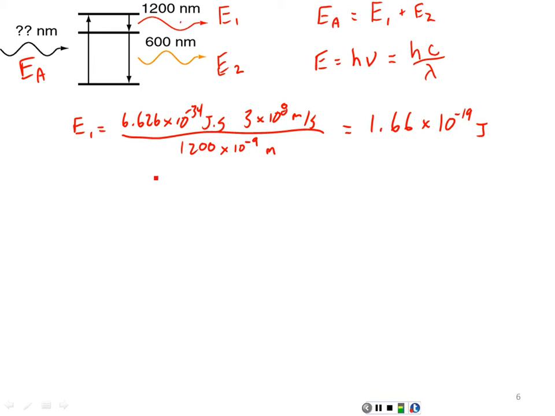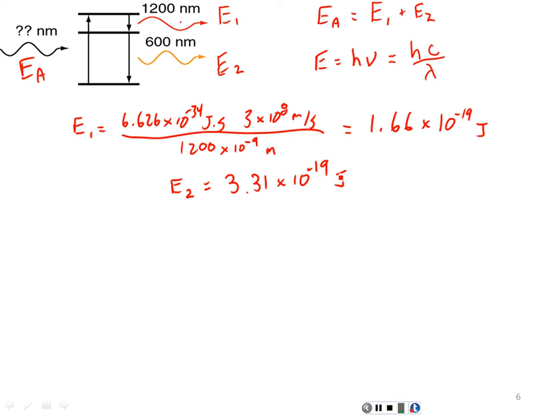E2, we do the same thing, except we use 600 nanometers. I'm not going to write that all out. But what I end up getting is 3.31 times 10 to the minus 19th joules.